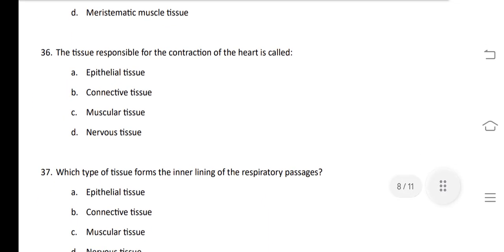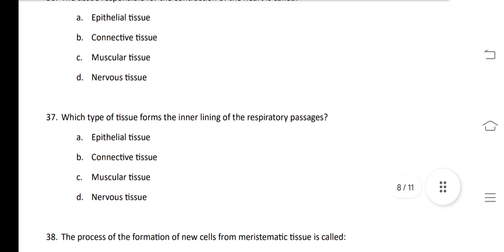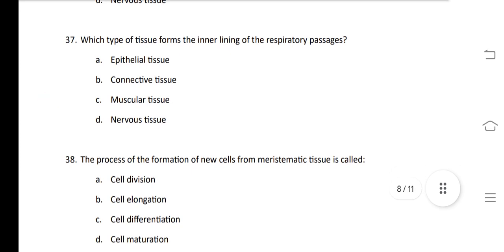Our next question is, the tissue that is responsible for the contraction of heart. The heart is made up of cardiac tissue, which is an example of muscular tissue. Our next question is, which type of tissue forms the inner lining of respiratory passage?